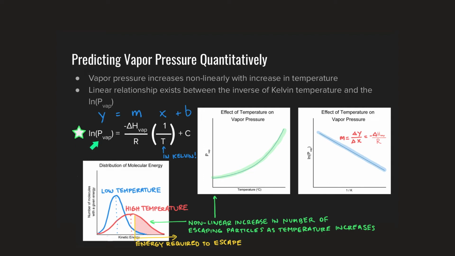So again, my equation really justifies for me here the understanding that temperature increases lead to increases in vapor pressure, because if you have a look at that slope of that line, the slope is not the heat of vaporization over the gas constant R, it is minus the heat of vaporization over the gas constant R, which implies if temperature increases, the value of 1 over T becomes a smaller number, and therefore that entire right-hand side of the equation becomes less negative, meaning the natural log of that vapor pressure is going to yield then a larger number, and then the vapor pressure itself, therefore, is getting bigger. So increases in temperature make vapor pressure go up.